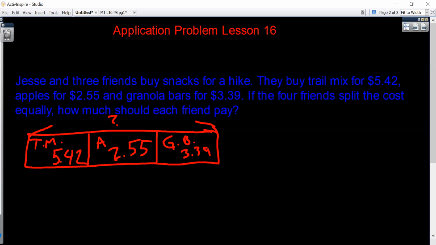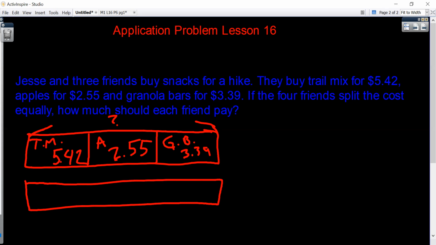But once we solve for that, we're going to then, that same tape diagram, we're going to do the same size because it should be the same value. We are actually going to then divide that value up into fourths, right? And we don't know how much, because there's four friends, and we don't know how much each friend is going to do. So this right here is the cost for one friend.